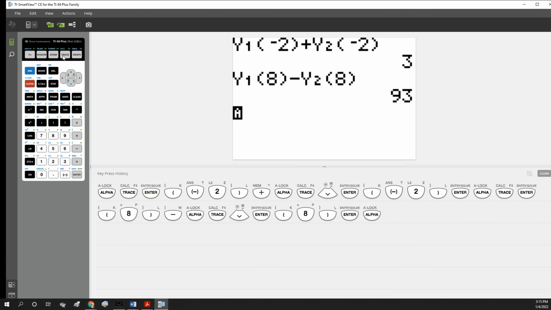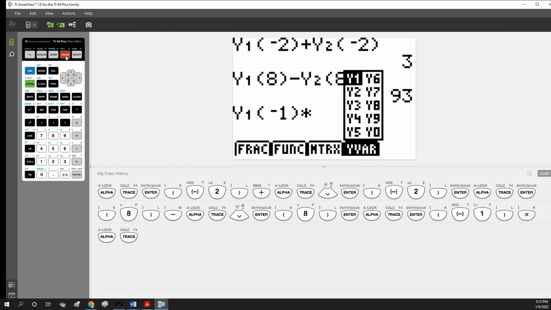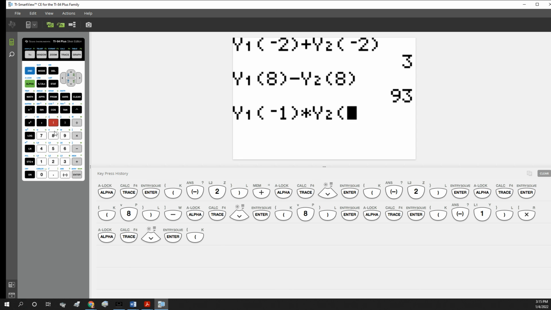All right, so it's alpha trace y1 of -1 times alpha trace y2 of -1. I'll leave that up there for a second if I'm going too fast. I feel like when I do the calculator in class, I go too fast a lot. So if you're confused about how to get y1, it's alpha and then trace. And the same thing for y2.